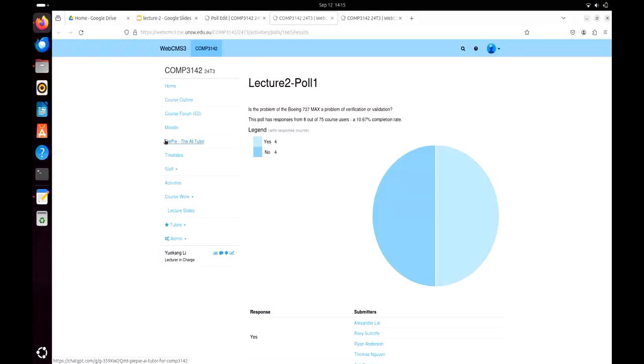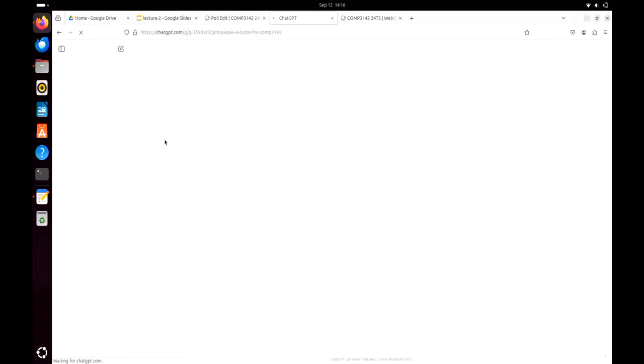So the software does nothing wrong, but the specification is wrong. There's a discrepancy between specifications and the actual need of the users, or the desired behavior in the real world. So that's why this is actually a problem of validation instead of verification.